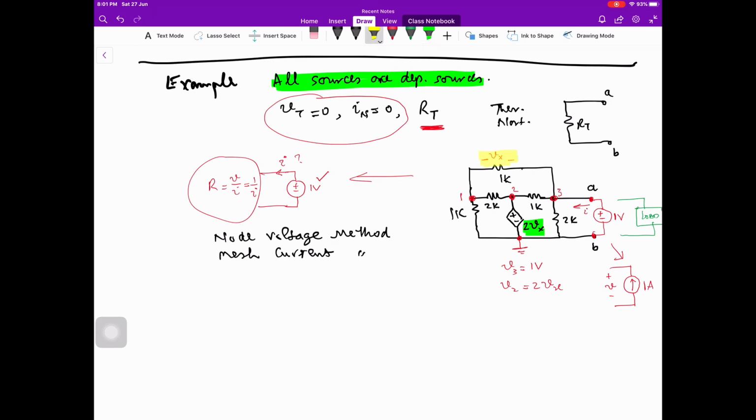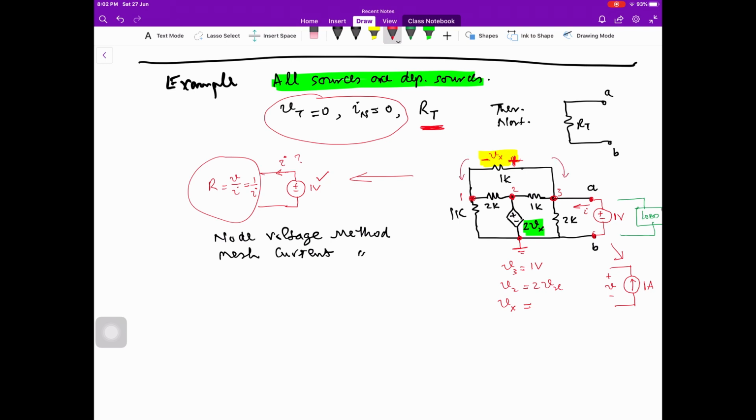Look at this resistance. This Vx is the voltage drop across this resistance. Now what is the voltage drop across this resistance? What is Vx? Look at the circuit diagram. This side is positive, this side is negative, and on this side we have V3.